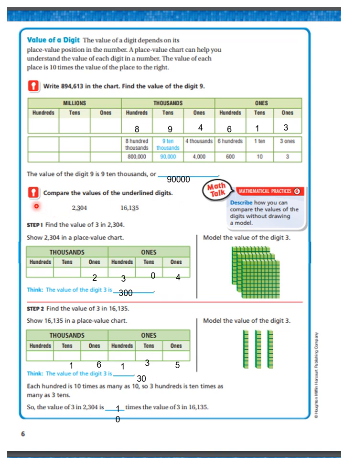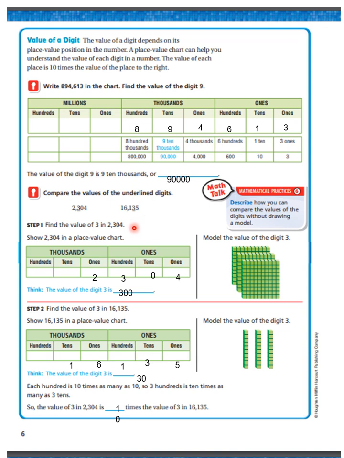Now it says compare the values of the underlined digits: 2,304 or 16,135. We're going to be comparing the value of the 3 in 2,304.